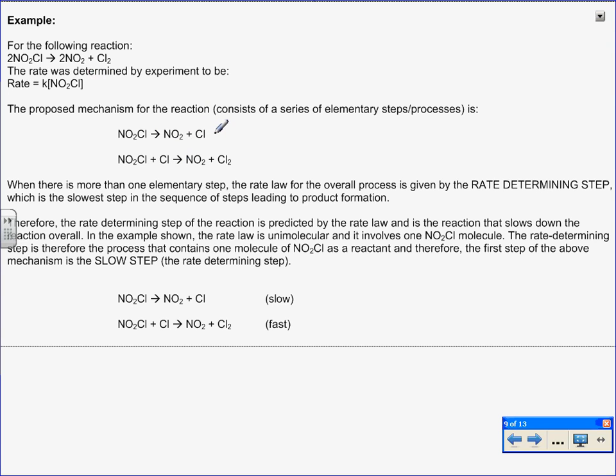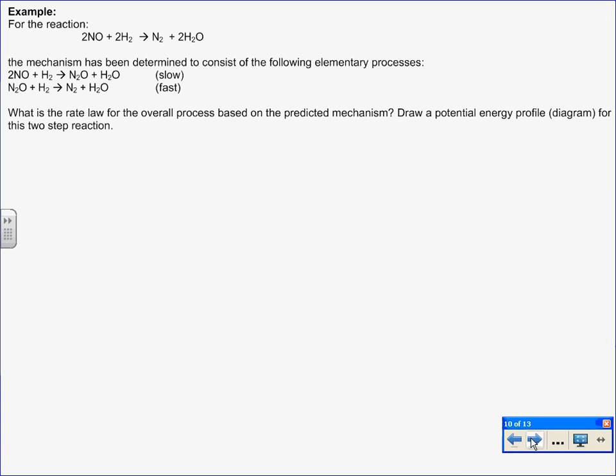It's the one that's controlling the rate of the reaction. It also makes sense because this chlorine, as an atom, is an intermediate and it's going to be very reactive. Okay, so not only do we have this proposed mechanism, but we can say that the first step is likely the slow step in this mechanism and the second step is fast.